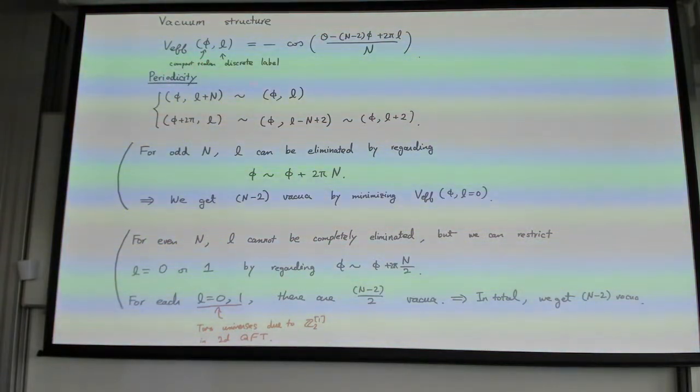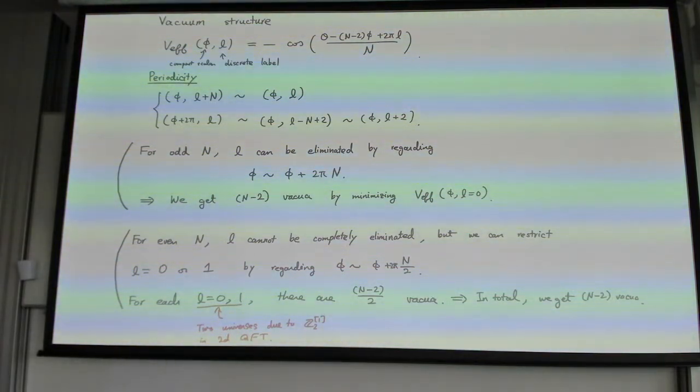L's periodicity is given by n, but phi's periodicity is not a naive one. If you shift phi by 2 pi, then L should be shifted accordingly. If you take into account this definition of the periodicity, then you can find there are n minus 2 values.